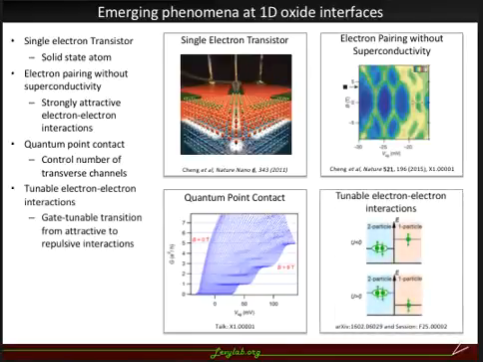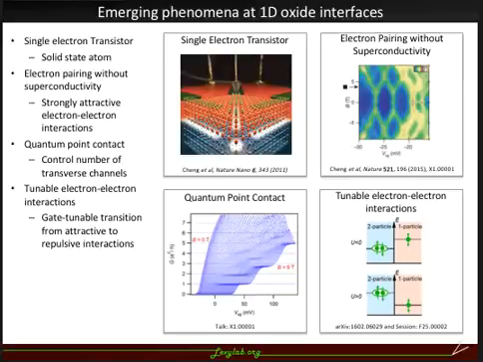And then finally, we also see that we have tunable electron-electron interactions in these devices. So using a gate, we can see a transition from pair tunneling, which indicates an attractive interaction, to single electron tunneling, indicating a repulsive interaction.